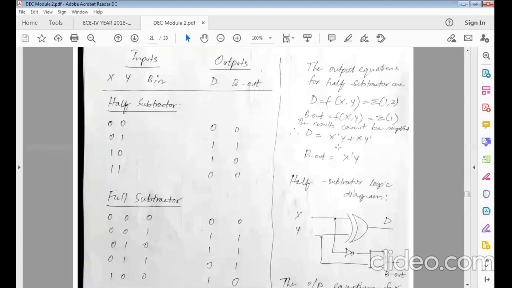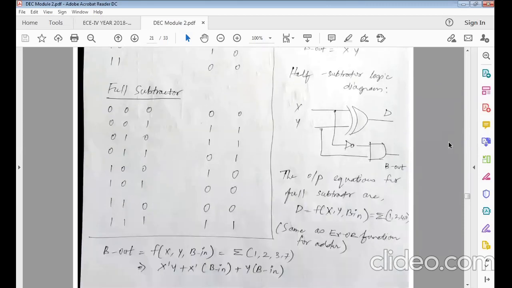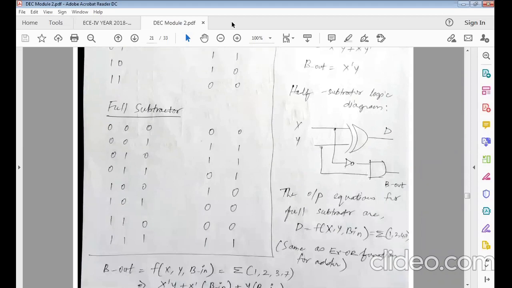So these results can also be simplified. Directly, if I can see, it's going to be x bar y plus x y bar for the difference, and for the borrow it's going to be x bar y.